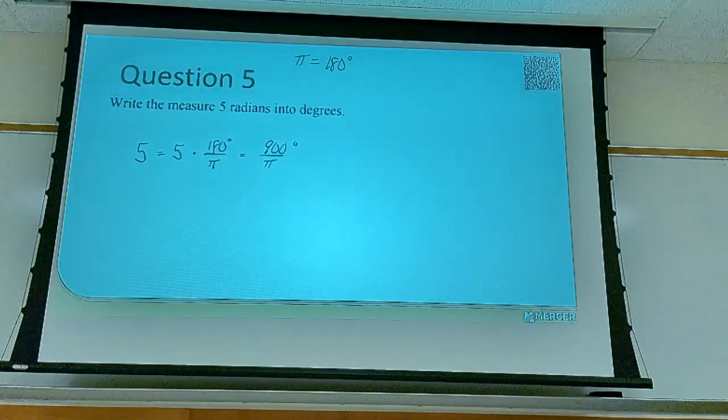If you were to divide by pi, that would be the degrees, no? No, I am dividing by pi. That is the angle. 900 over pi degrees, that's the angle. That is simplified. You're thinking of approximation.